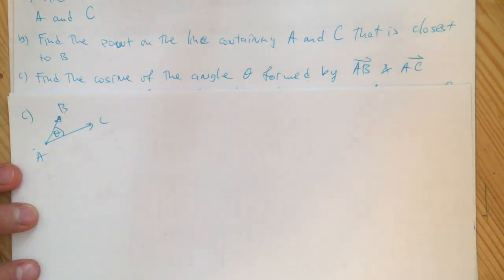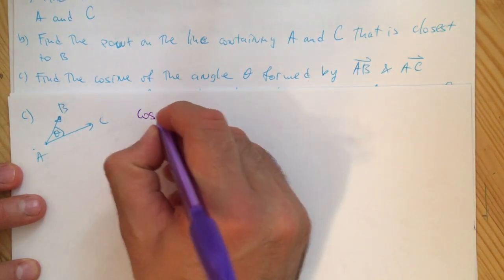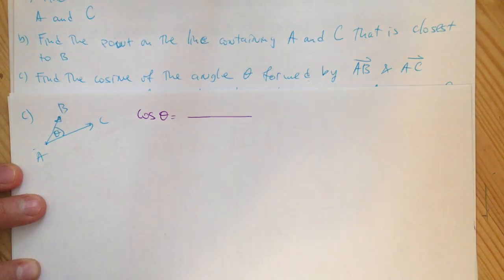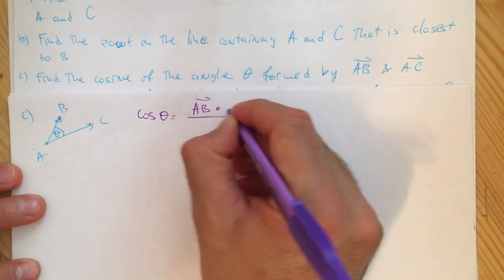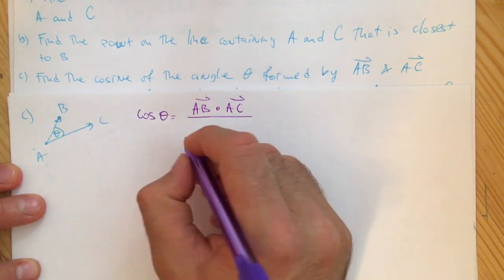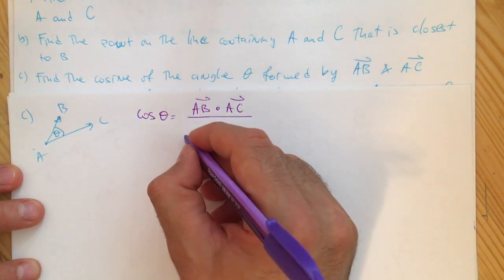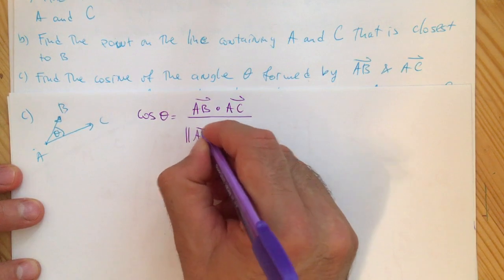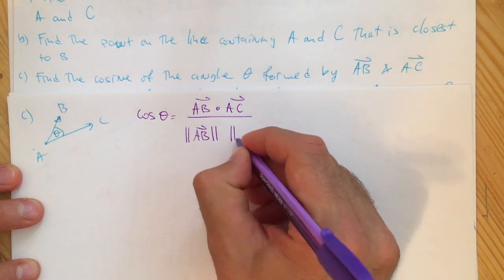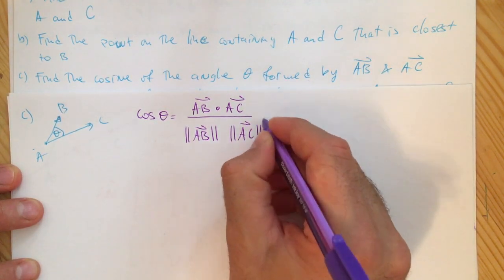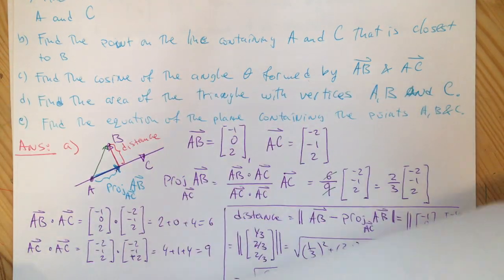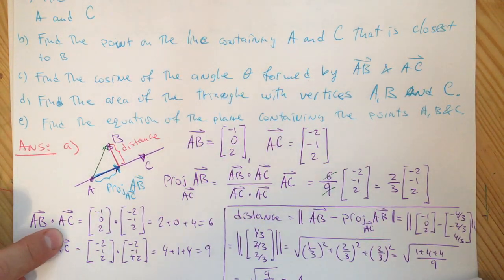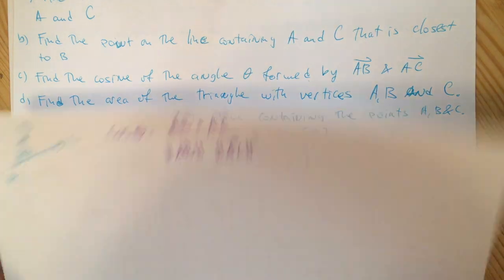Okay, so we know that cosine of theta is equal to the dot product between AB and AC over the magnitude of AB times the magnitude of AC. Now, if I'm not mistaken, we have already evaluated this dot product. AB dot product AC is 6.